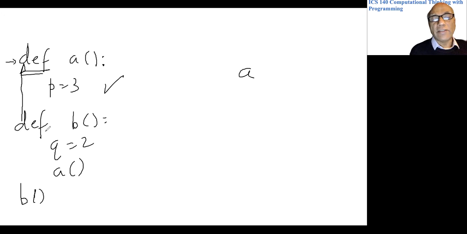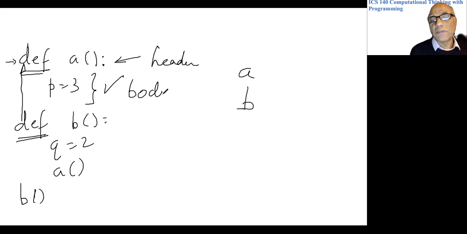Then it says, okay, there is another function coming here because it sees this word def, and then says, okay, the name of the function is B. Then it attaches these two lines of code to this function. We will call this function header, and this the body of the function. Header, and this is the body.